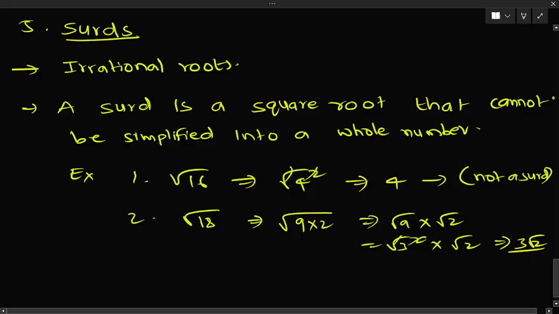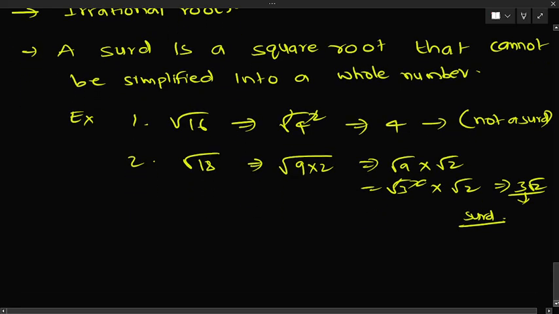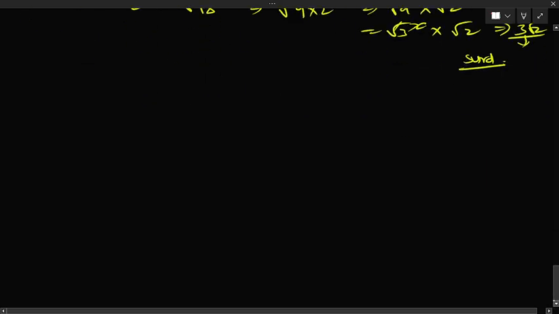So it cannot be simplified into a whole number. Therefore this 3 root 2 is called a surd. As I said, surds are irrational roots. I hope you get clarity regarding surds.